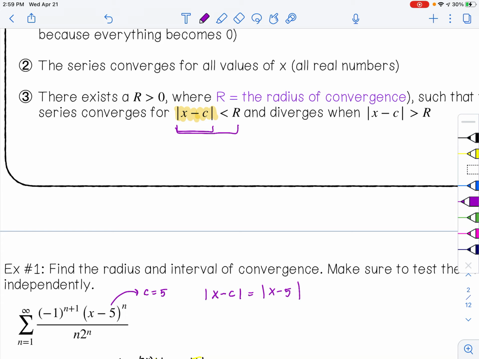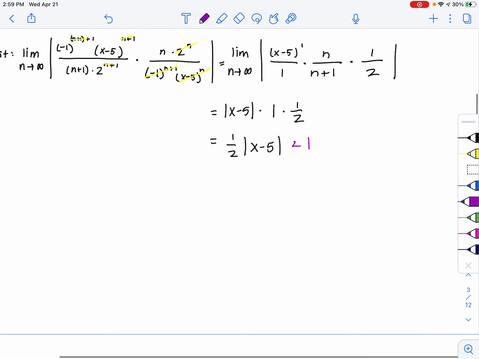So we want to see x minus 5 is less than something, and that something is going to be our radius of convergence. So if we go back here, I want to get absolute value of x minus 5 alone, so I'm going to multiply both sides by 2. So this tells me, boom, boom. So we're going to get that the absolute value of x minus 5 has to be less than 2. So that tells me that my radius of convergence is 2.